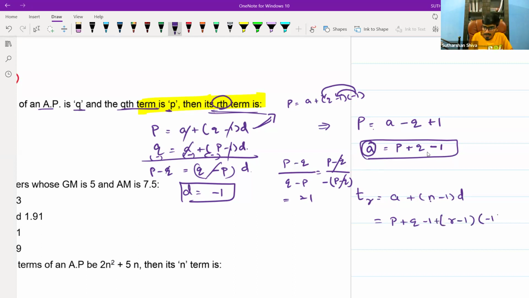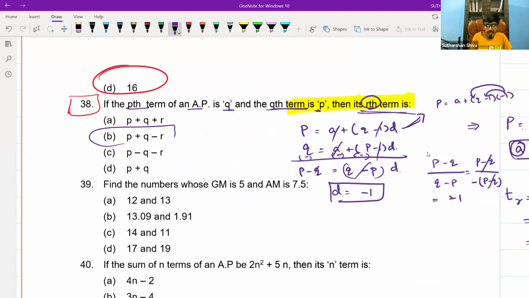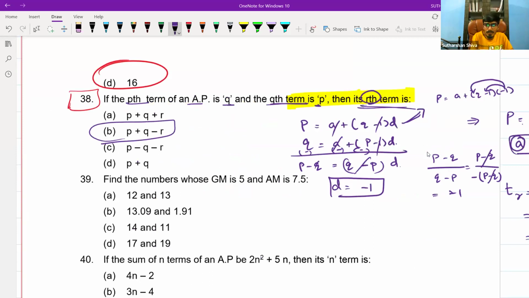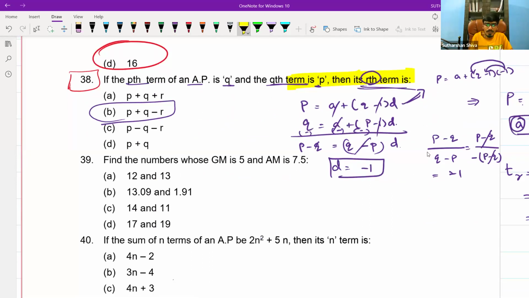What is D? Minus 1. So P plus Q minus 1 minus R plus 1. Minus 1 plus 1 gets cancelled. It is P plus Q minus R. So P plus Q minus R. Option B is your answer. It's slightly lengthier. You will know where to attempt this question.